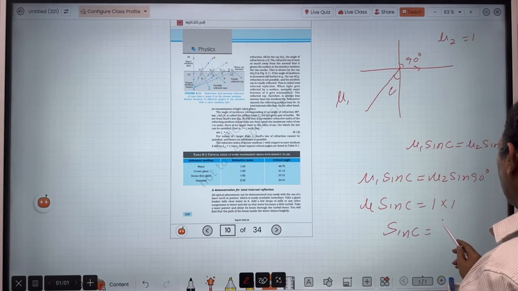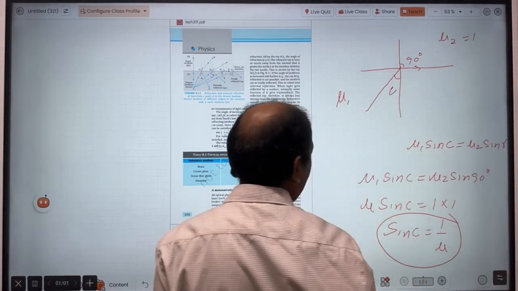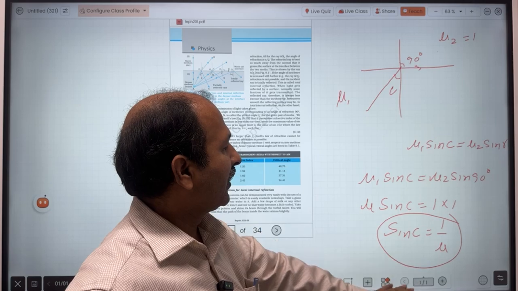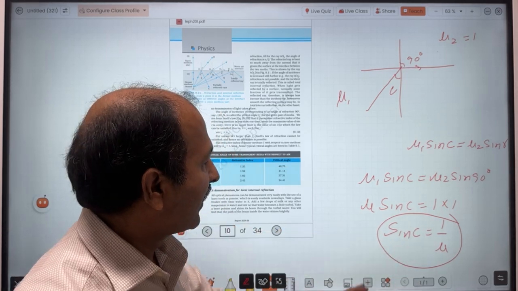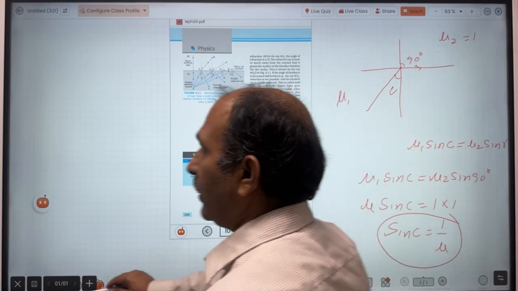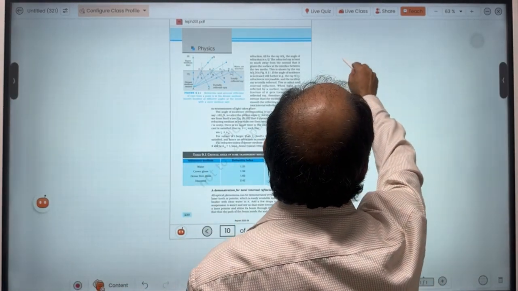So from here what do we get? Sine C equals 1 upon mu. This is the necessary condition: sine of the critical angle equals 1 upon the refractive index of the denser medium.